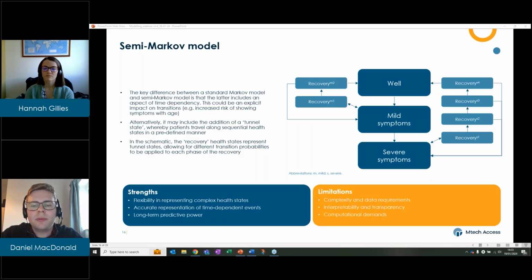So suddenly going from 3 states of mild symptoms and severe symptoms to then having 9 states, 6 of which are recovery-based tunnel states. So you're adding data requirements for the transition probabilities, not at the expense, but for the benefit of having additional granularity and detail in the model.